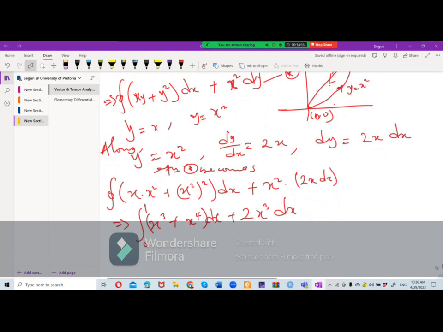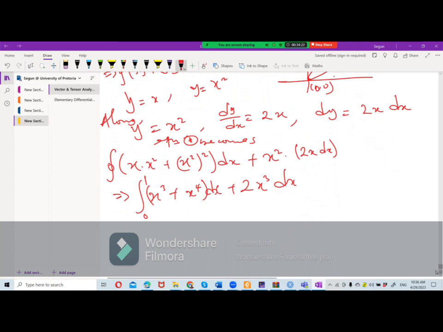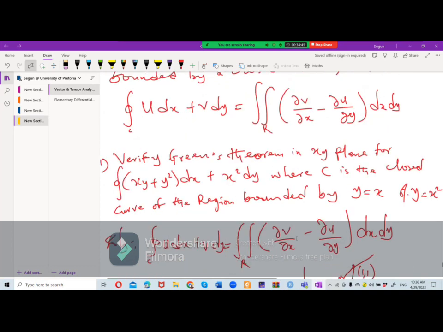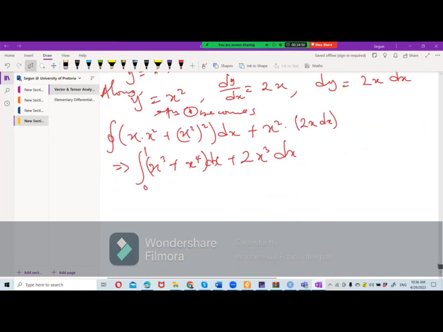Don't forget you have to integrate everything, not only the x. Remember from the formula, which one will I integrate now? So how do we go about it, please? Please, you have to talk at this point.